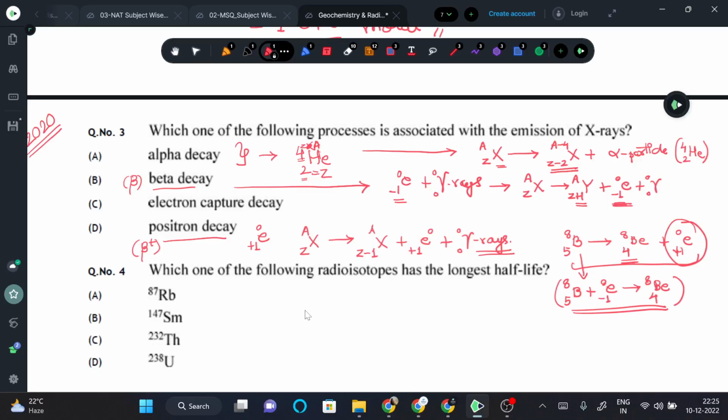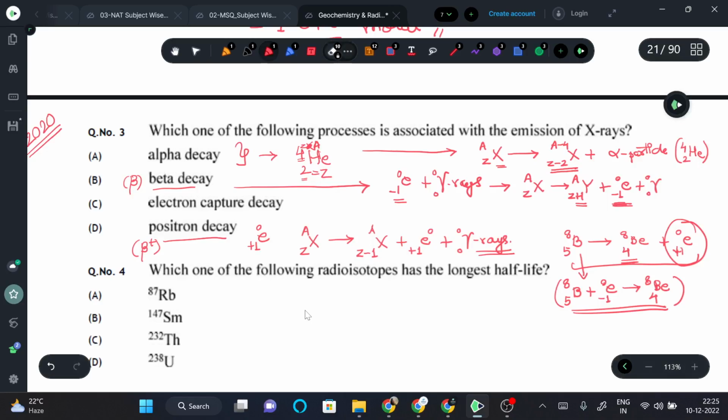So this is also known as electron capture. You can get confused between these two, but let me make it clear in the next step. You can get confused about what is actually electron capture and what is actually positron emission. So positron emission and electron capture go hand in hand. In electron capture, what exactly happens is given here in the C option. Let's get to that.